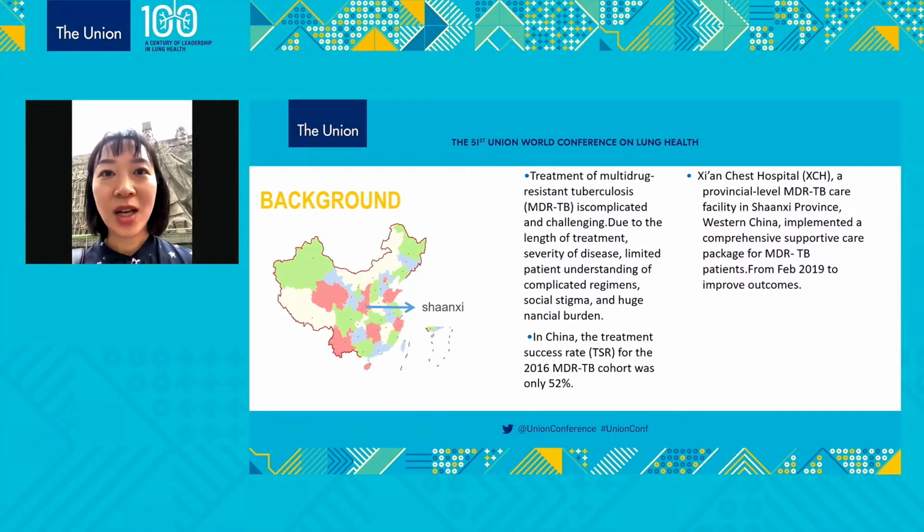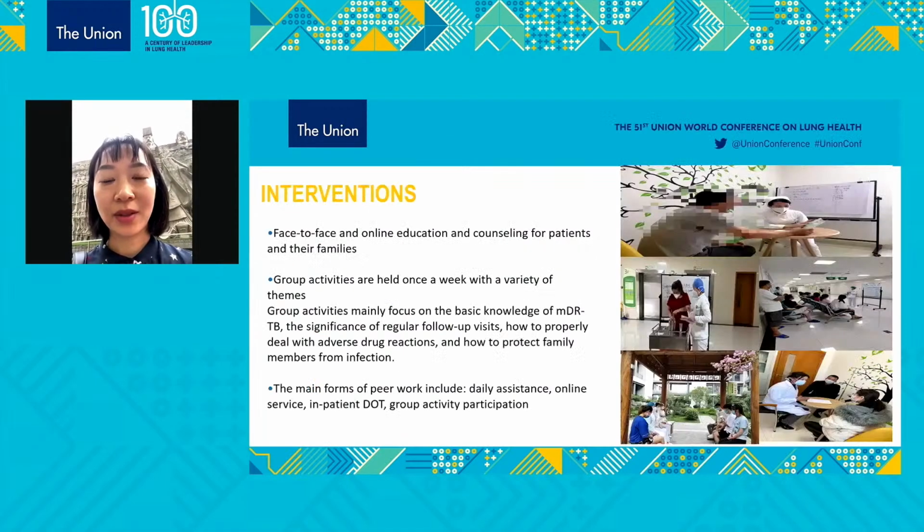In China, the treatment success rate for the 2016 MDR-TB cohort was only 52%. Xi'an Chest Hospital, a provincial-level MDR-TB care facility in Shanxi Province, Western China, implemented a comprehensive supportive care package for MDR-TB patients from February 2019 to improve outcomes.